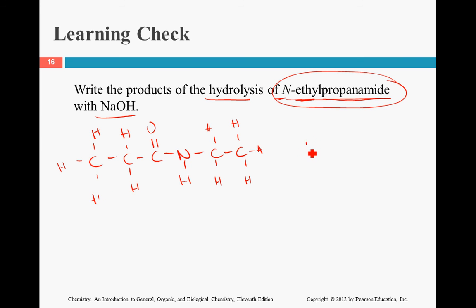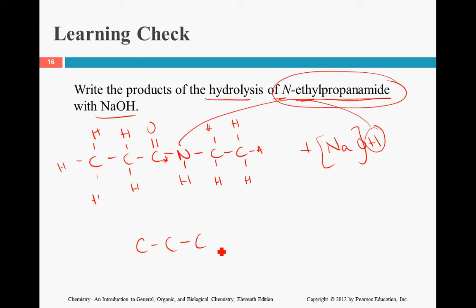We're going to react this with sodium hydroxide. Remember with this, the hydrogen gets placed with this nitrogen. And then the oxygen and sodium stay together to get placed on this carbon. So when we're done, we're going to have 2 different things.